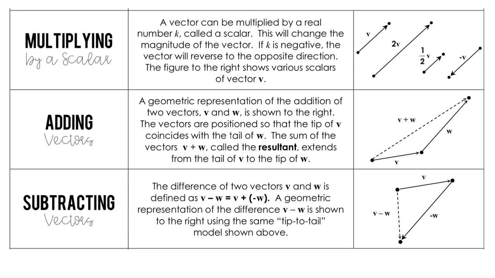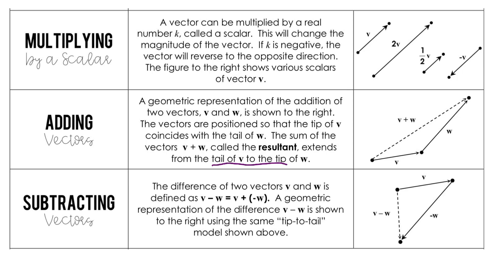Now, if you want to add vectors, you're really just adding those corresponding parts to each vector, and the resultant, notice that we have that drawn in for us. So we will be doing what's called tip to tail, a way of drawing in our resultant.